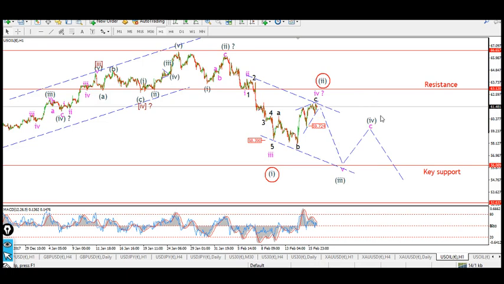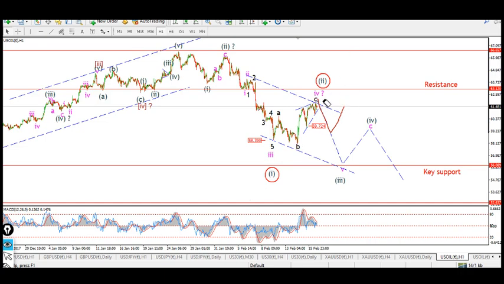The correct count should come to light by Wednesday, I reckon, because we should see a punch lower into key support in a completion of this third wave, or we should see a lower high below the highs of today, or the wave 4 high here, and I'm leaning in favor of that lower high at the moment to differentiate between both counts.